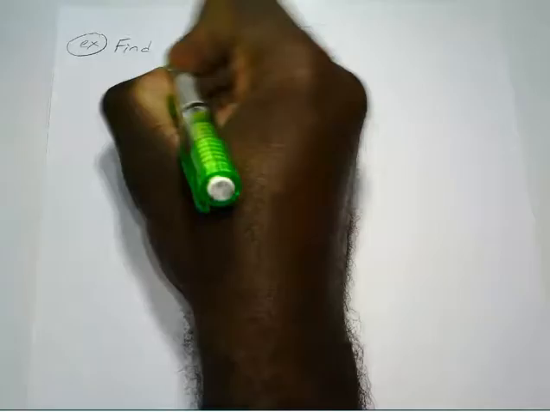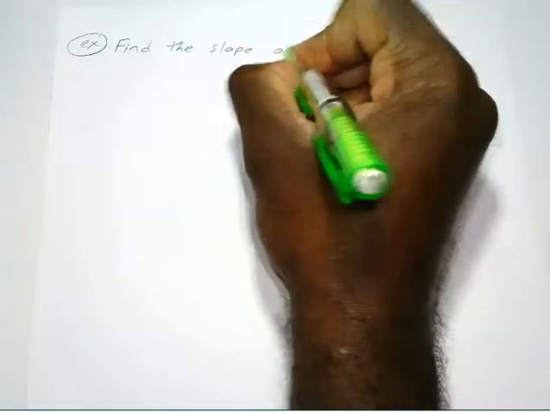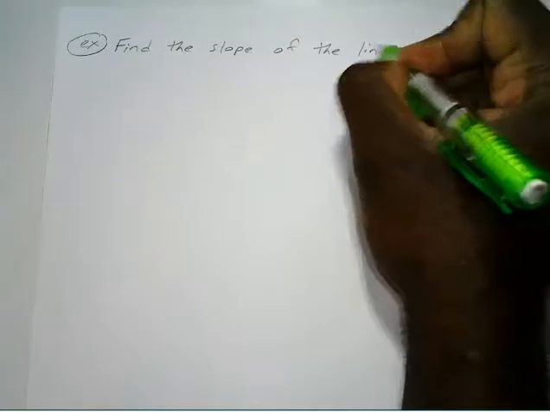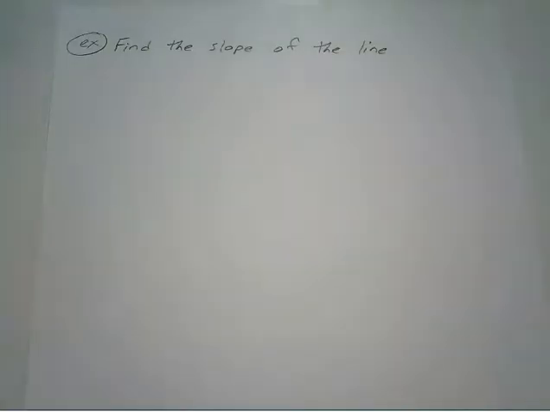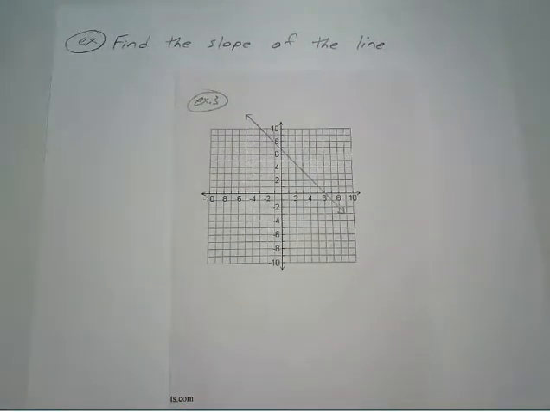Okay, so let's say for this example, find the slope of the line. And instead of giving you 2 points, I'm just going to put this line there. Excuse me.